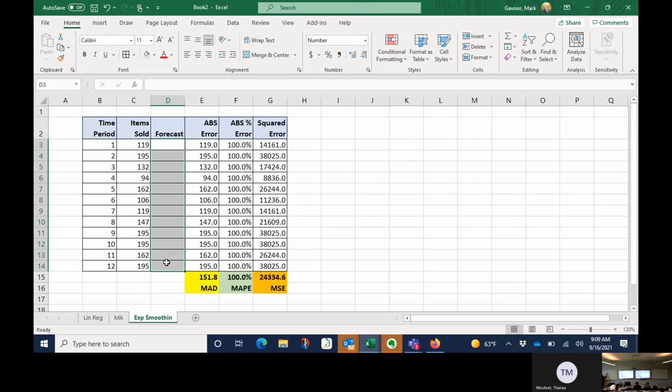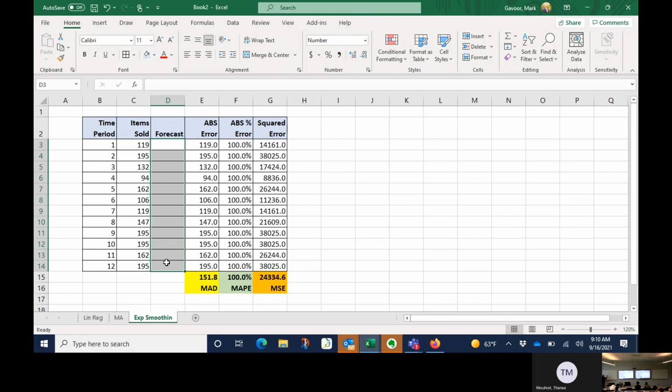Forecast of time t plus 1 equals some alpha times the actual of the previous time period plus 1 minus alpha times the error. Or is it 1 minus alpha times the forecast? I think it's a combination of both, right? It's a mix of forecast and actual.